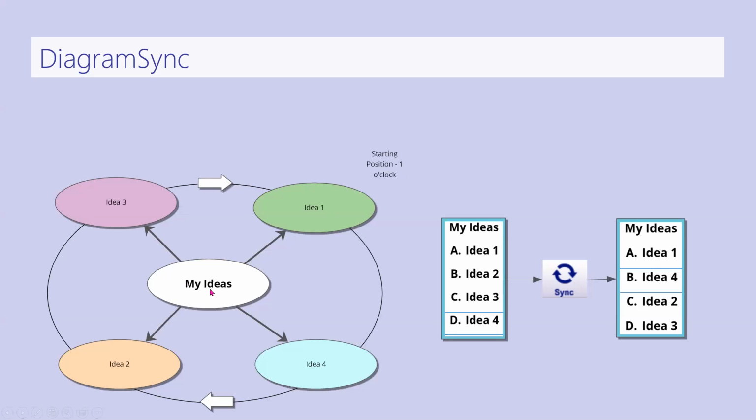So if, for example, their first supporting idea was positioned in the 1 o'clock position or nearest to it, that would be the order of priority. That would be the first idea. This one going in a clockwise position would be idea 4, the second, idea 2 would be the third, and idea 3 would be the last.